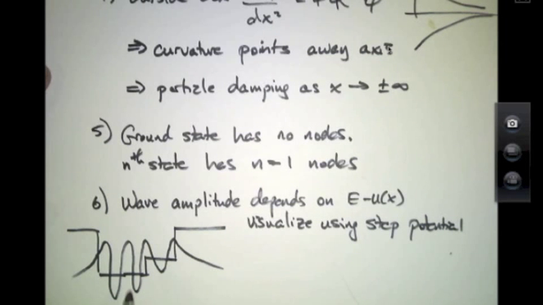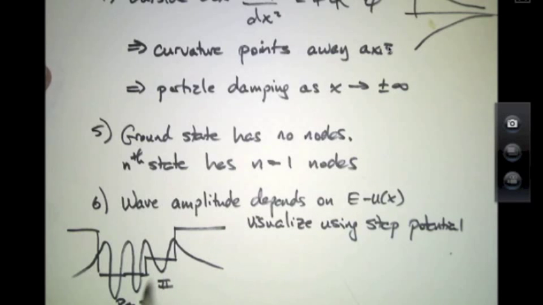If the particle is slowing down in this region, potential energy is going up, therefore kinetic energy is going down. Call this region 1 and region 2.